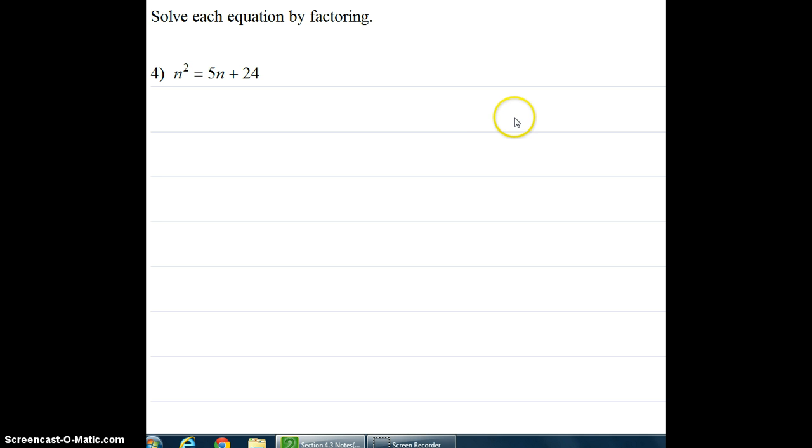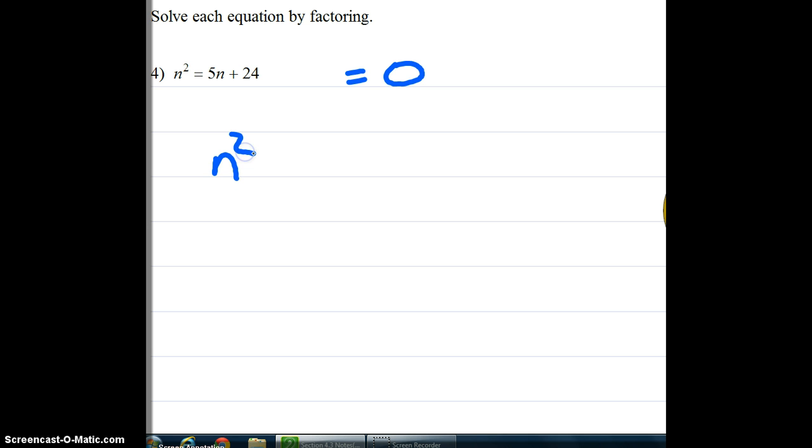The last example I'm going to do with you looks a little different for a couple different reasons. One, we have an n squared, and it doesn't equal 0. So again, you must have your equation equal to 0 for this process to work. So the first thing you want to do is make the right-hand side equal to 0.